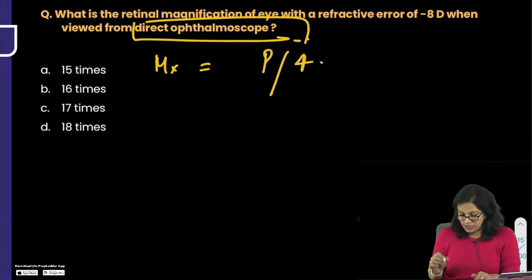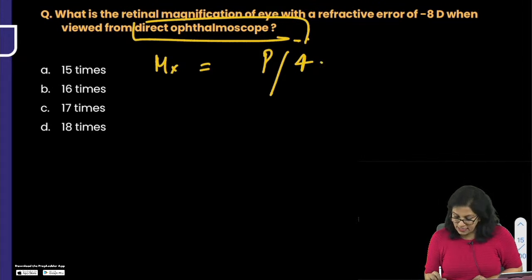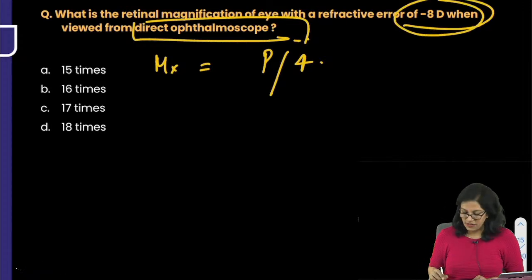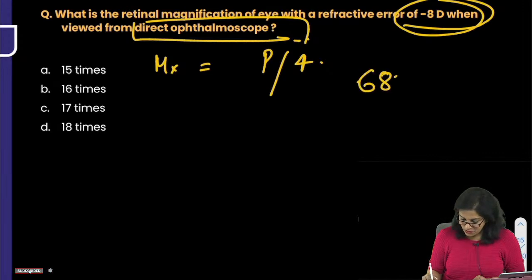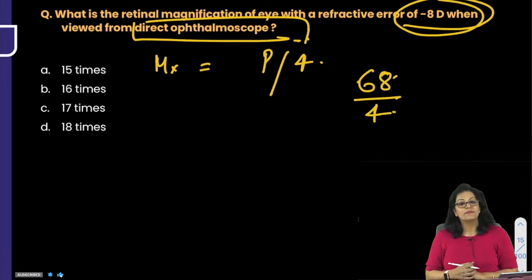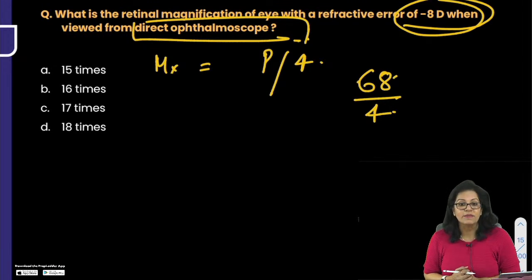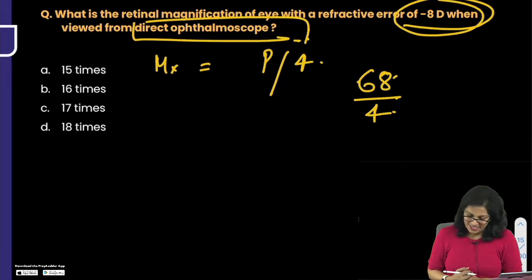Now when you say power upon 4, what is the power in the eye? It is the refractive error of -8. Just now we discussed, when we say -8, it means what? It means 60 plus 8. So you have to just do 68 upon 4. Okay? So 17 times is the answer, right?